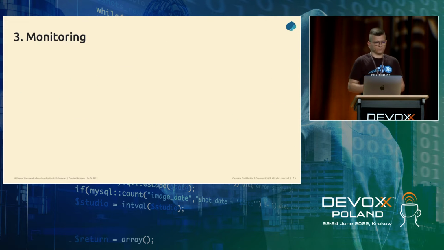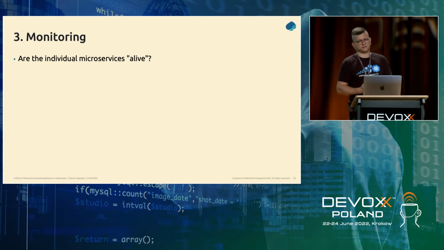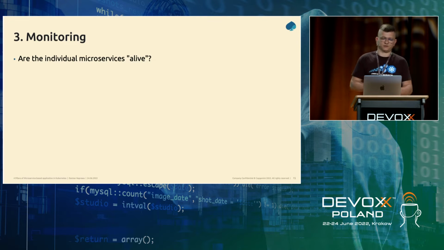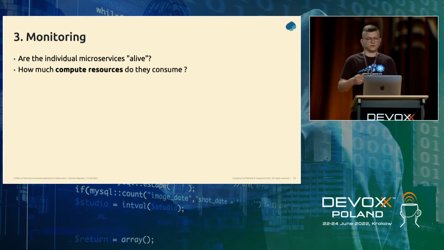Okay, so we went smoothly to the next pillar, which is monitoring. Why is monitoring important? When it comes to Kubernetes, which is a special architecture for deploying applications, we need to care about whether individual microservices are alive and how much compute resources they consume.